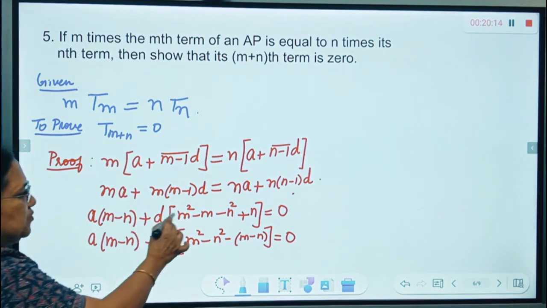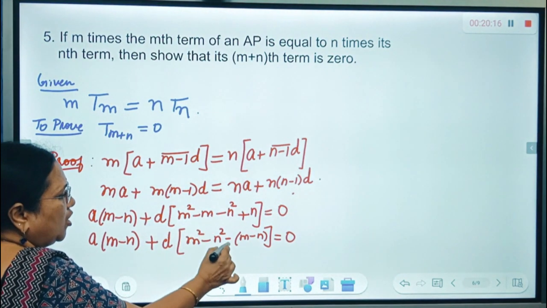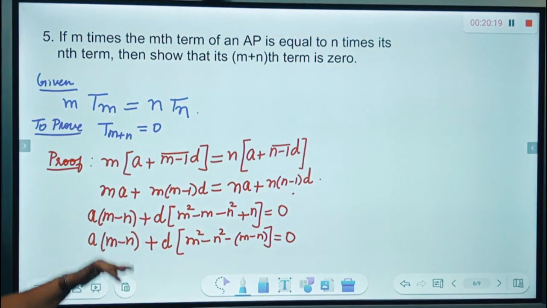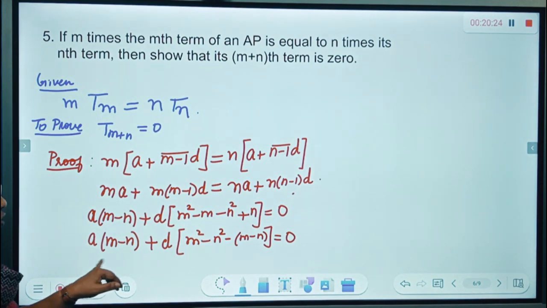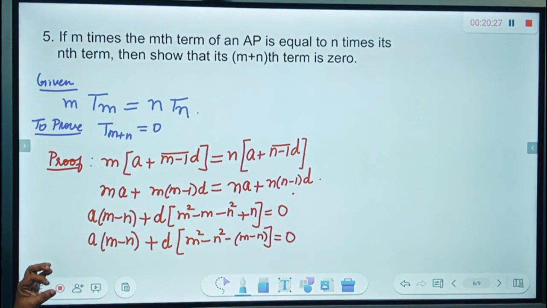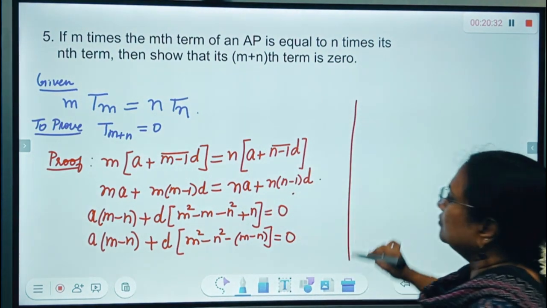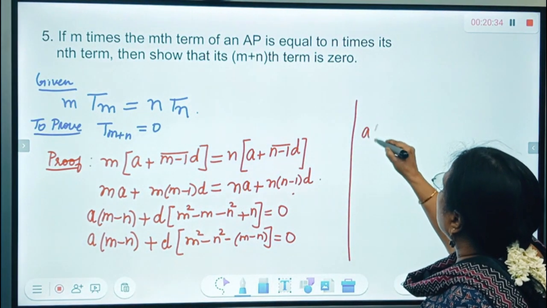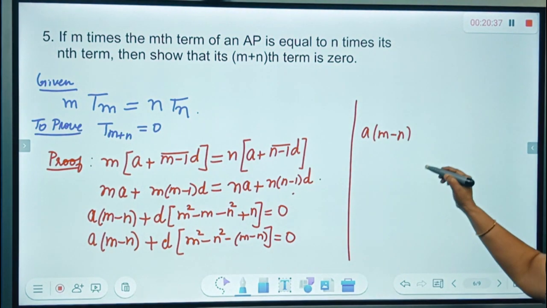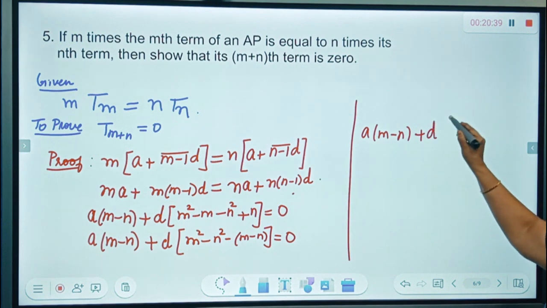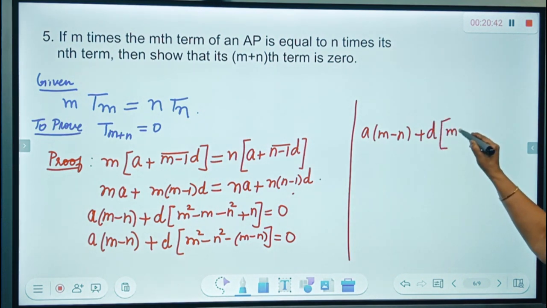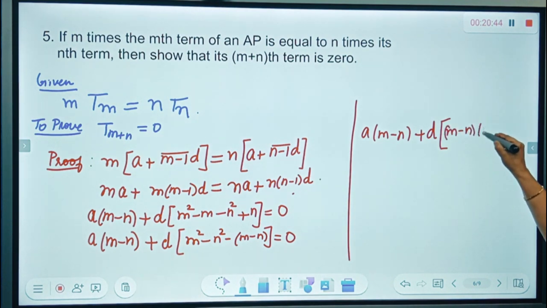I just simplified. m square minus n square I have written first, minus of m minus n. When I am doing it, you must get the idea that I am trying to factorize and take out m minus n as a common factor. So this is a into m minus n, plus d into m minus n into m plus n, minus of m minus n equal to 0.